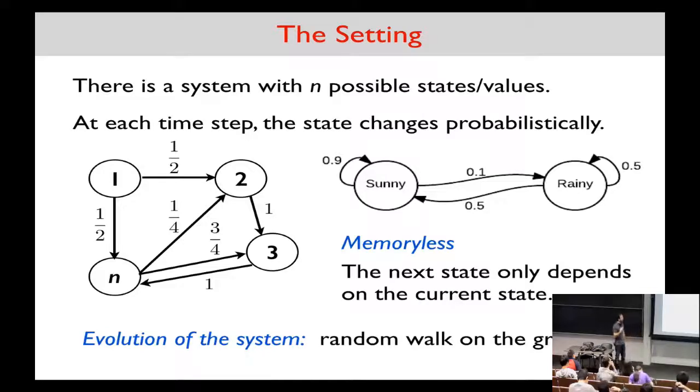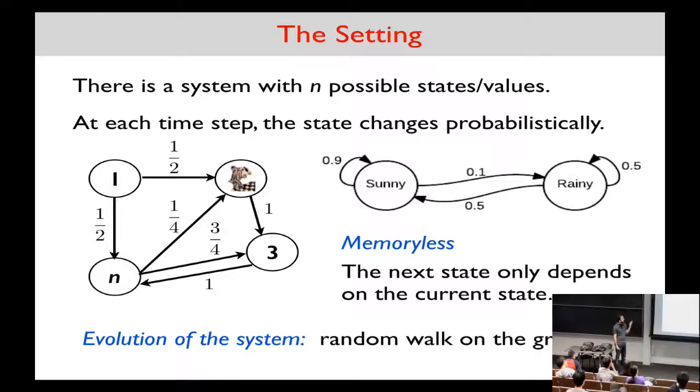So let's say we're going to start at state 1. You can imagine the drunk guy being at state 1, and he does his drunk random walk according to the probabilities on the edges that go out of that state. Starting at state 1, with probability half he's going to go to state 2, and with probability half he's going to go to state n. So maybe he goes to state 2.